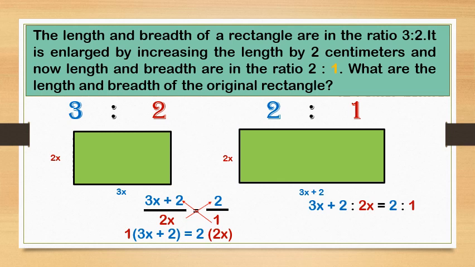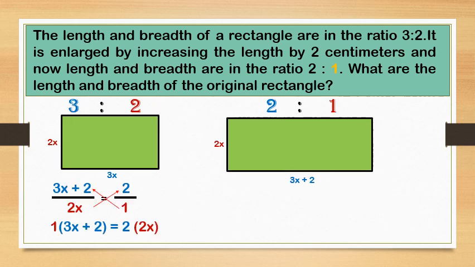Suppose we write in the form of ratio, how can we write it? First, we have to multiply the end terms, that is 3x plus 2 into 1, and then multiply the two middle terms, that is 2x and 2. It can be written as 1 into (3x plus 2) equal to 2 into 2x.